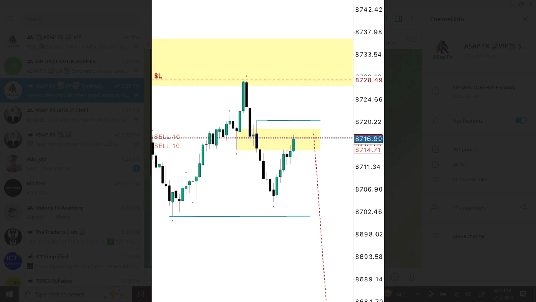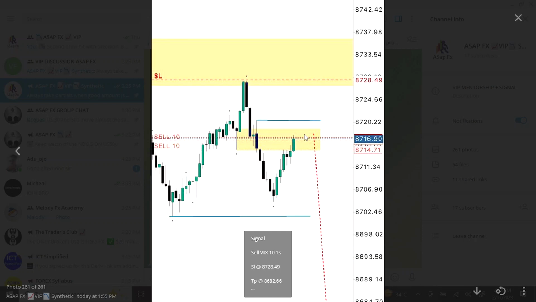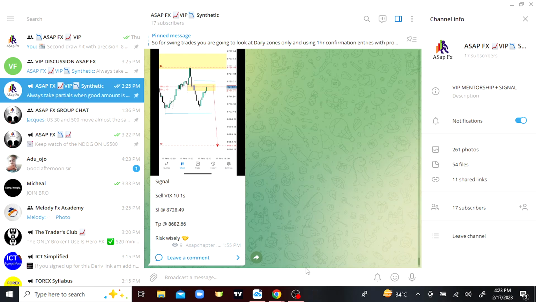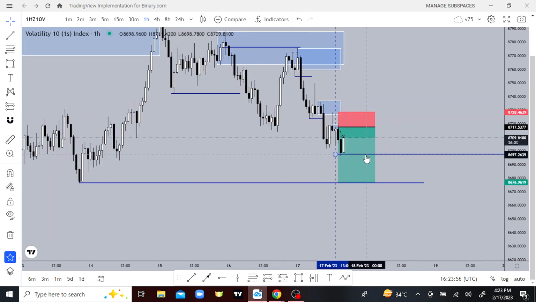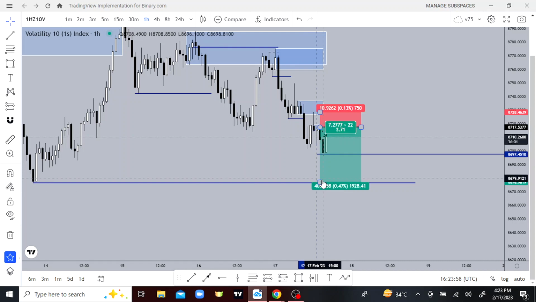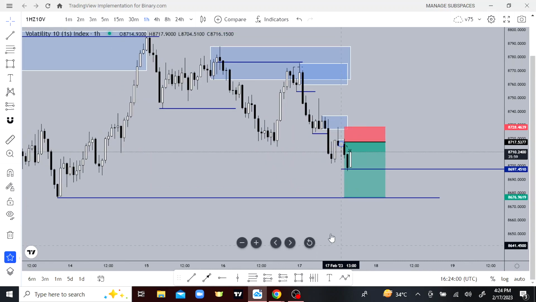So we sold right from the main threshold of the breaker block. Stop loss was here, and as I said, we took partials somewhere here, and we are still very deep in profit. We took partial below that low. So we are looking for it to sell all the way down there.